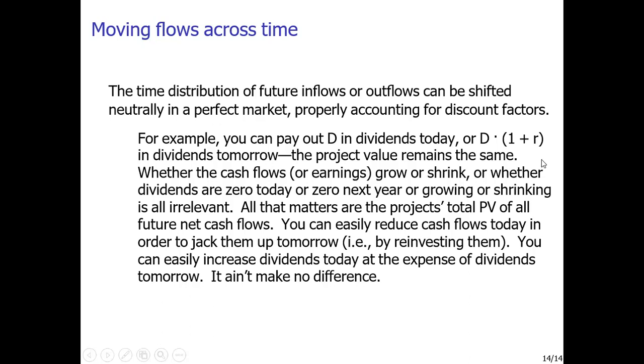All that matters is the project's total present value of all future net cash flows. You can easily reduce cash flows today in order to jack them up tomorrow, meaning we need to reinvest, and it will not make any difference at all. I think I have some point here, the author of the text.